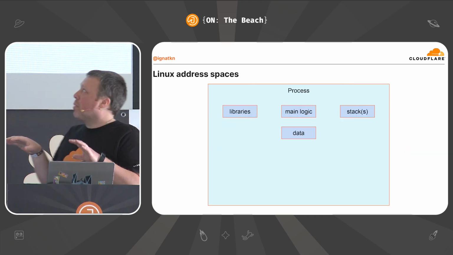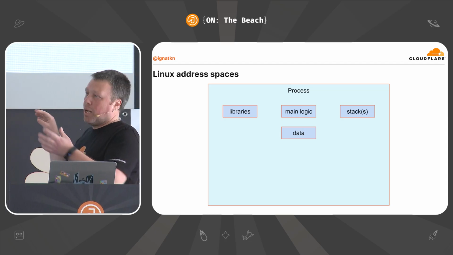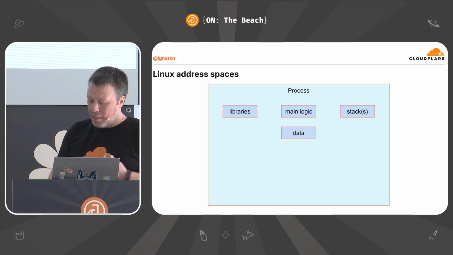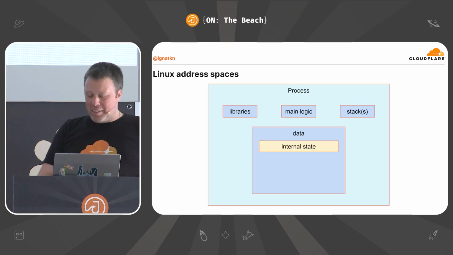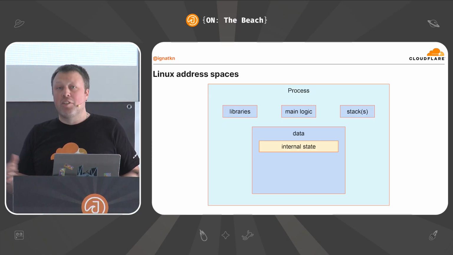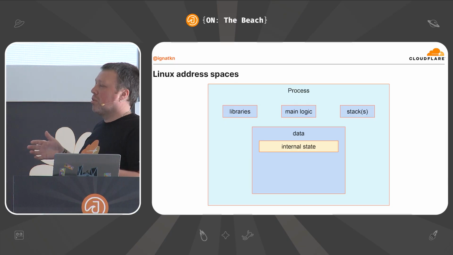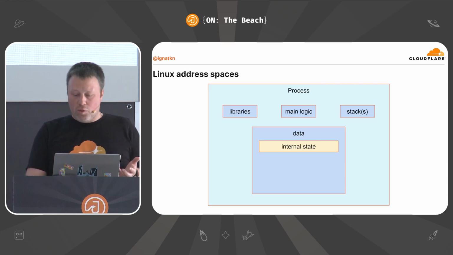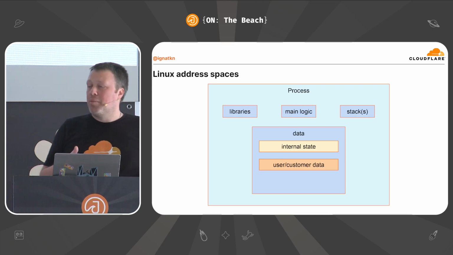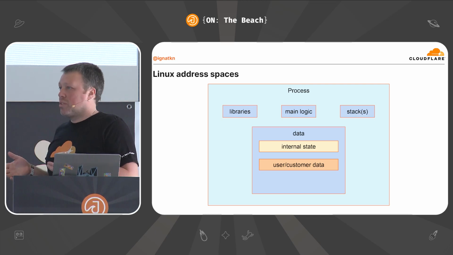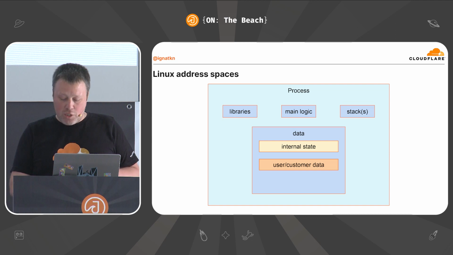Now, let's zoom in a little bit and see what happens inside the process. What kind of data do we store there? Roughly, you can categorize it as some internal state, your global variables, or other control stuff. If your application processes some input, it can be user or customer data, depending on what your application does.